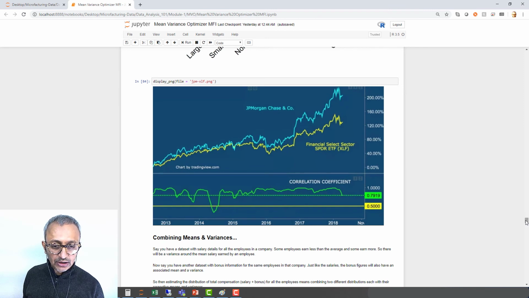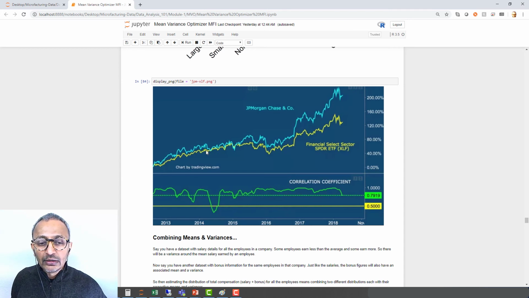What we are doing here is, if you look at the correlation between XLF and JP Morgan Chase, which is a big bank, you see pretty high correlation. But at some point, because it's one company versus a basket of companies, sometimes the correlation goes crazy because maybe JP Morgan suffered through a bad quarter and the stock drops, but the rest of the companies are still doing fine.